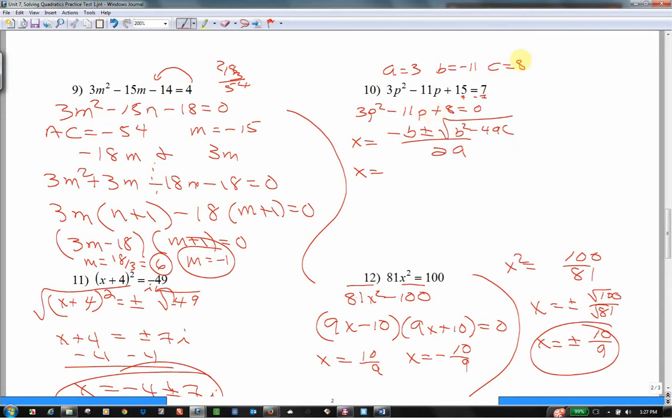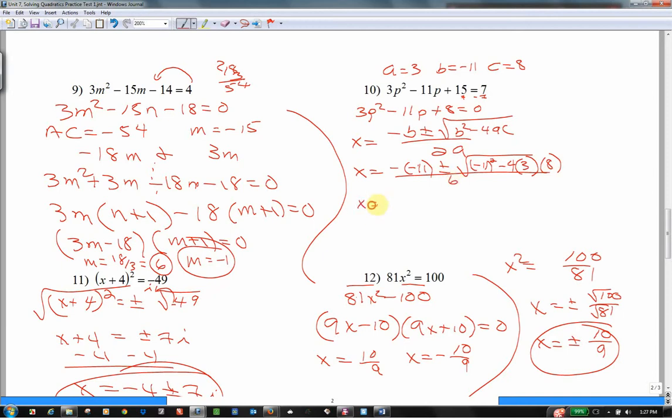Let's go ahead and plug the numbers in. So I have x is equal to negative b, that's minus a negative 11, plus or minus the square root of b squared, so that would be negative 11 squared, minus 4 times a times c, all over 2 times a.